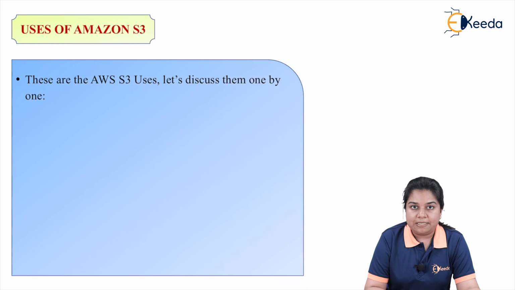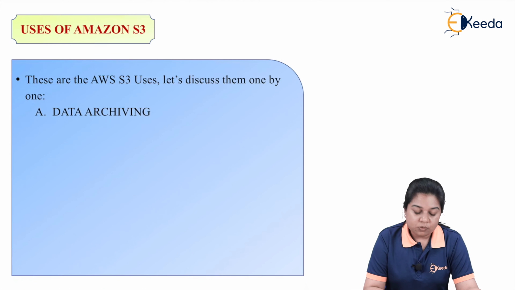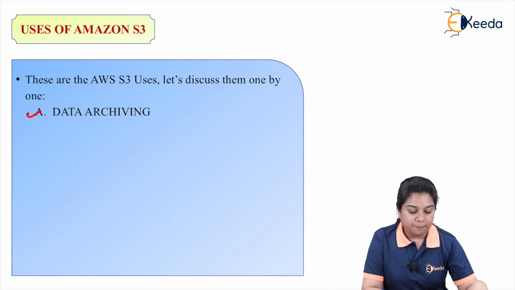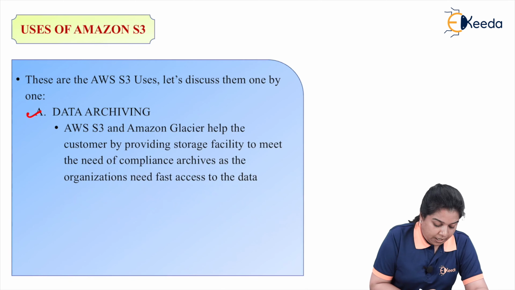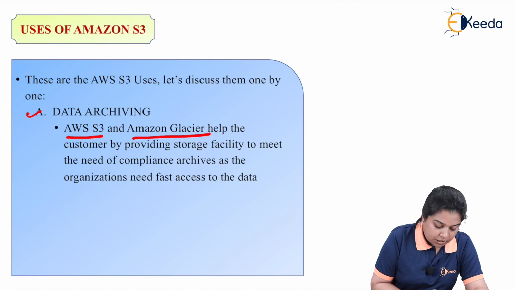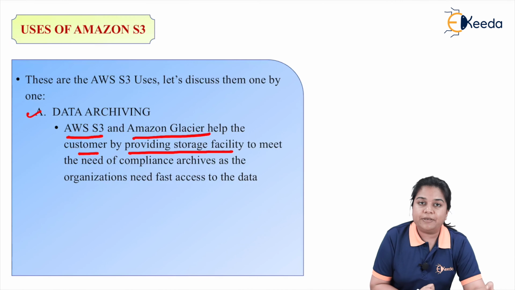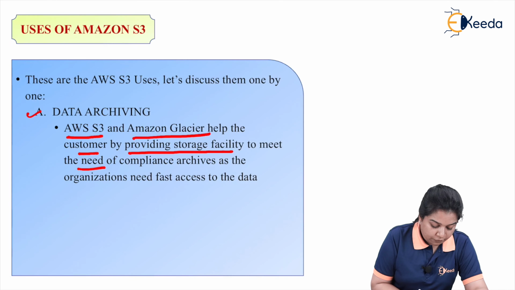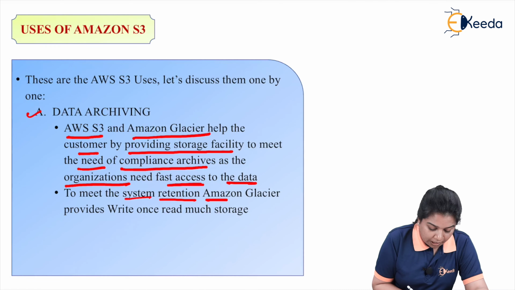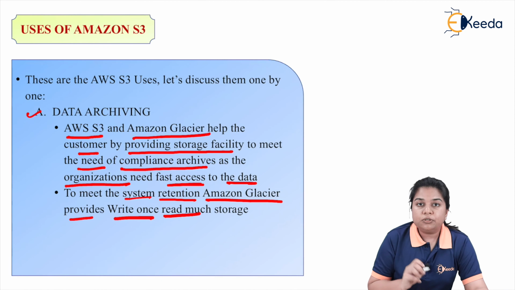Uses of Amazon S3. There are several uses. Some of them are, the first one which we are discussing is data archiving. AWS S3 and Amazon Glacier help the customer by providing storage facility to meet the need of compliance archives as the organizations need fast access to the data. To meet the system retention, Amazon Glacier provides write once, read many storage.